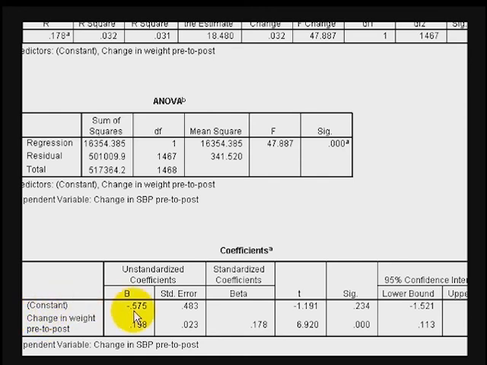So the intercept is at the point of minus 0.575, and it has a standard error of 0.483. Now, the change in weight pre to post has a B coefficient, or an unstandardized regression coefficient, of 0.158, and it has a standard error as well.